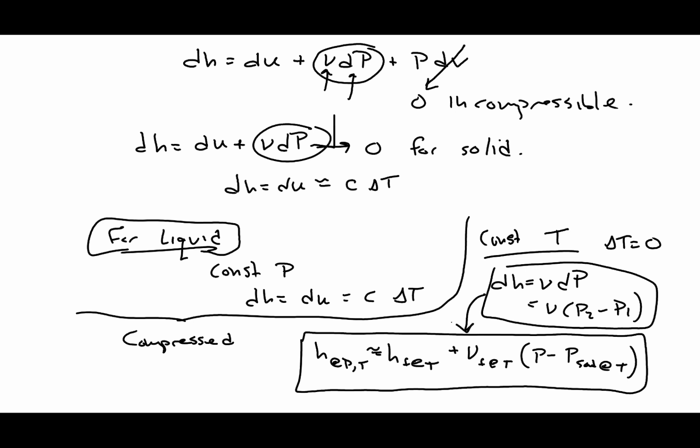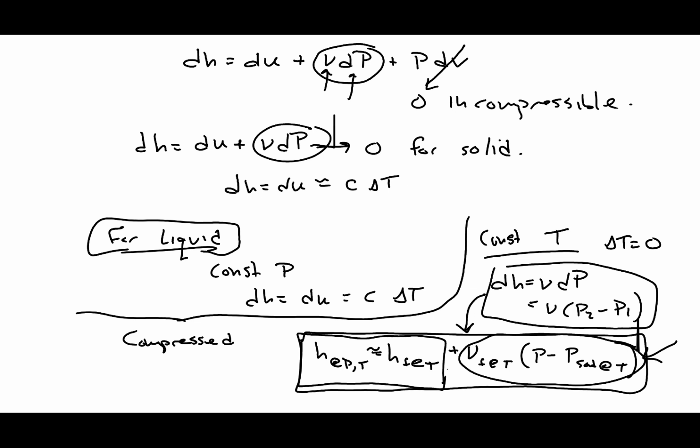The thing with this is that this term is often very small, so it's often neglected anyway. And at really high temperatures and pressures, this term can actually introduce a larger error than if you just assume that the enthalpy is equal to the enthalpy of the saturated liquid at the temperature.